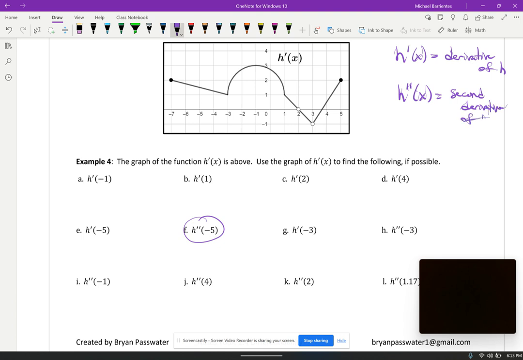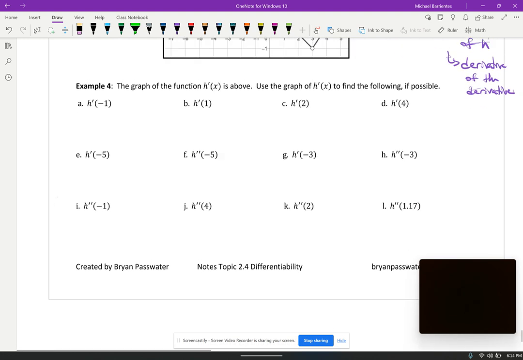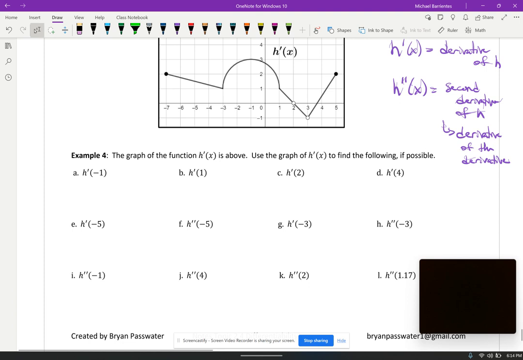And you're saying, second derivative, what the heck? Well, the second derivative is the derivative of the derivative. It's the slope of the slope. Wait, what is that? Well, that's what we're going to cover here, and this will be our second video here.